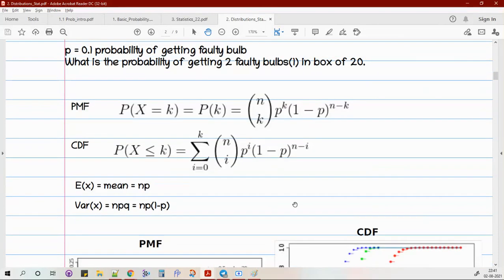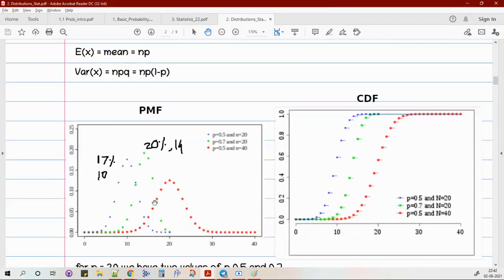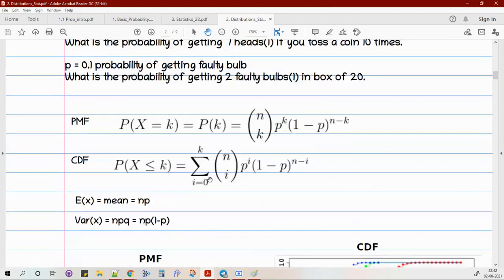Okay, so how is the CDF defined? Just take the PDF formula and calculate the PDF at each point from 0 to k. So calculate the PDF at 0 plus the PDF at 1, 2, 3, 4, 5 up to k. It will give you the CDF for k. And what is the meaning of CDF at k?